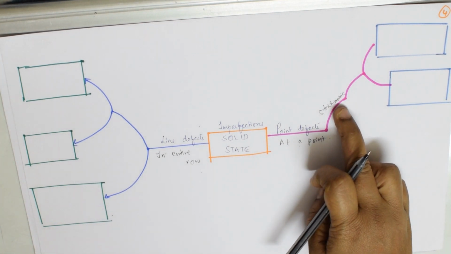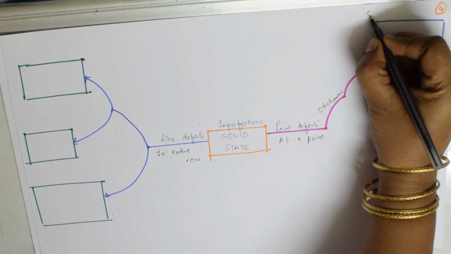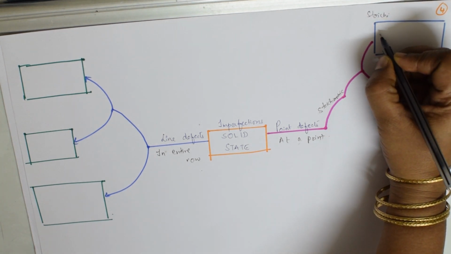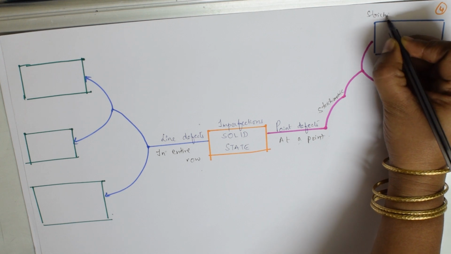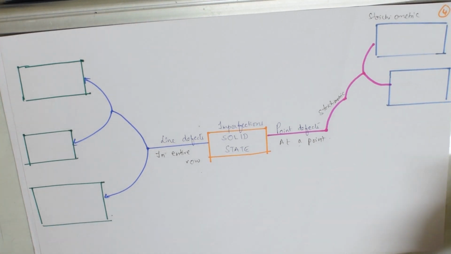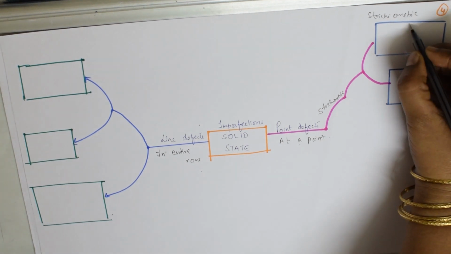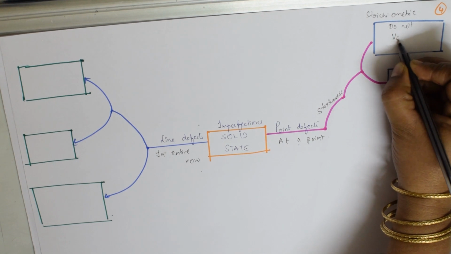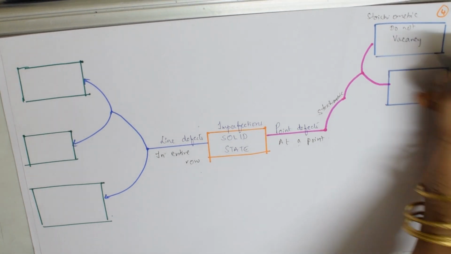If the stoichiometry does not get disturbed, then the type of defect is called vacancy defect.